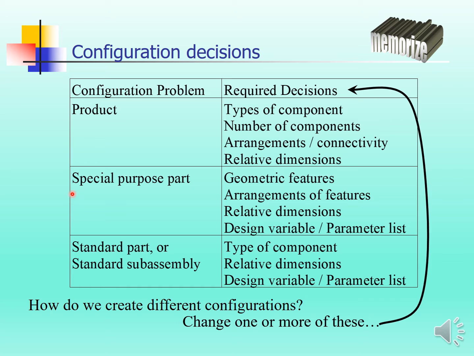When we use a special purpose part, remember, a special purpose part, this means we need to make the mold. You have your geometry features, arrangement of features, relative dimension, design variable, and we also use standard parts. Standard parts or standard sub assemblies: type of component, relative dimension, and design variable.